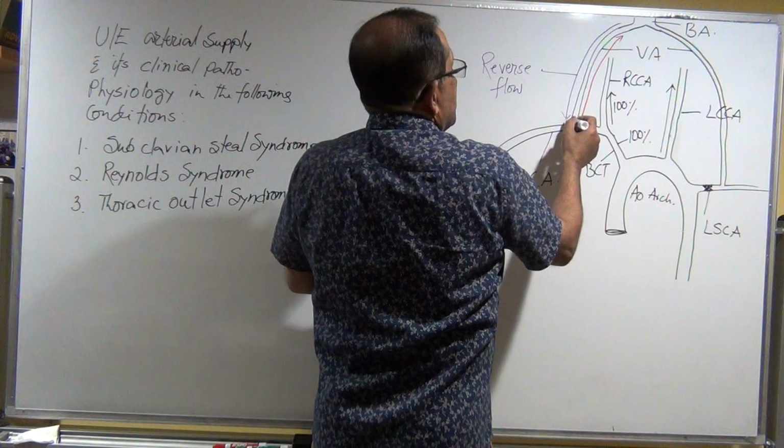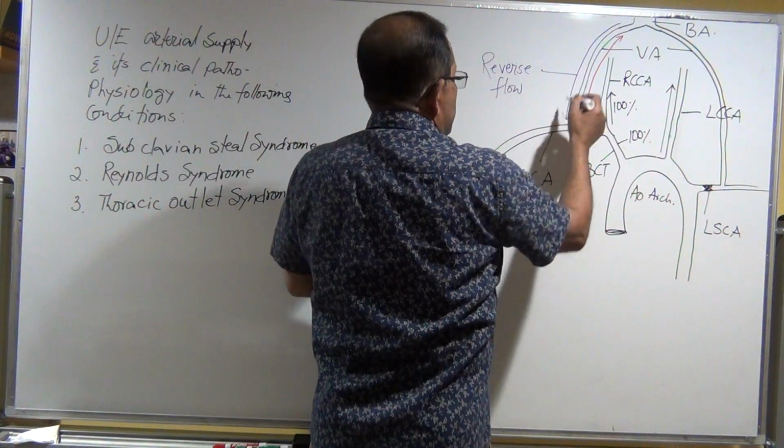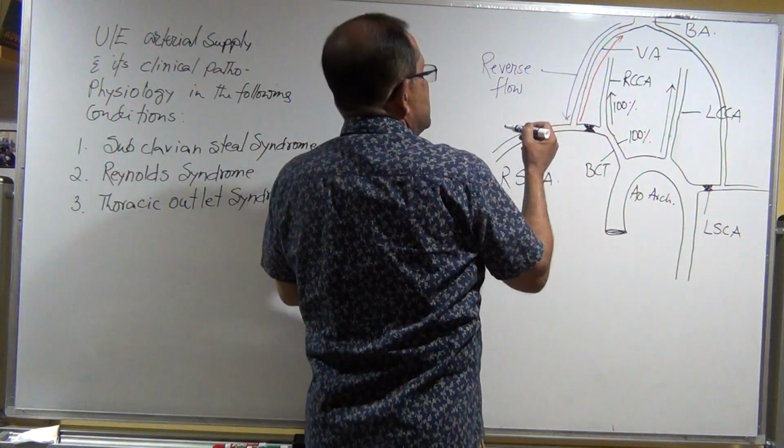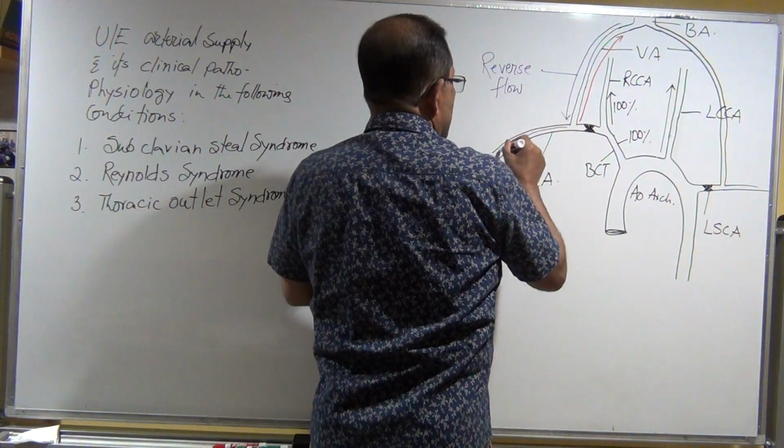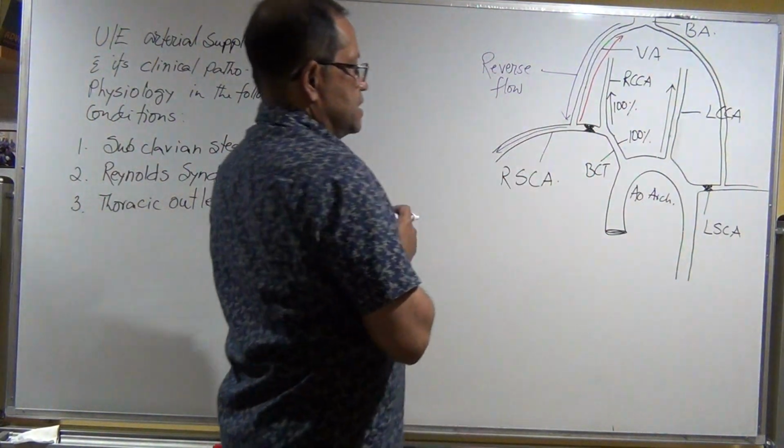So when the blood is coming reverse, then blood will go into the subclavian artery.